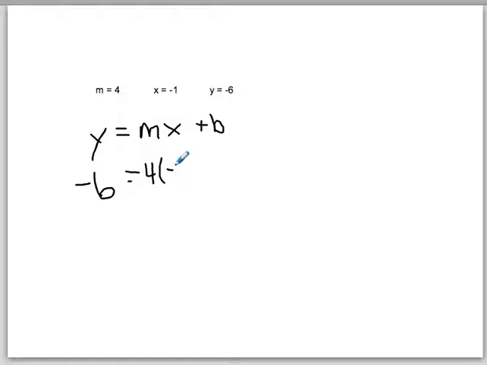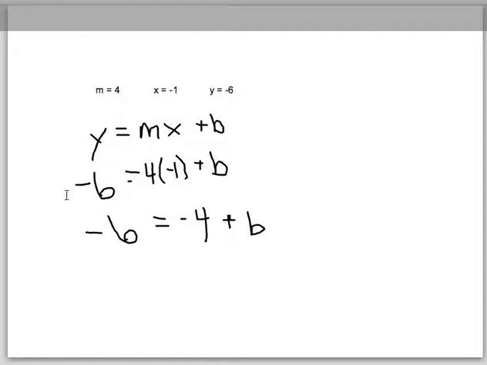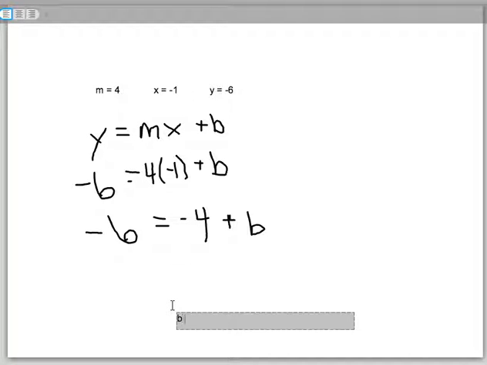And again, they're getting multiplied, so I'm using parentheses. And then plus b. So we end up getting that -6 is equal to -4 plus b. When we solve that equation, we'd add 4 to both sides, and we'll end up with b equals -2.